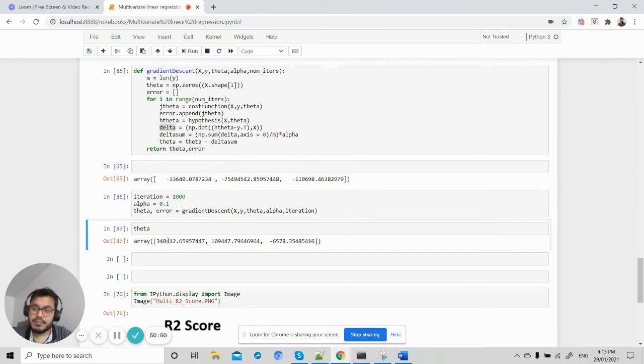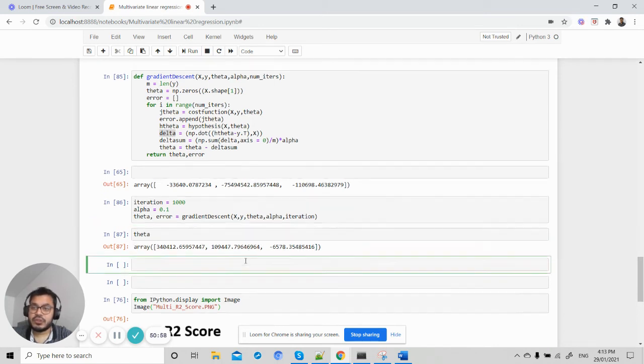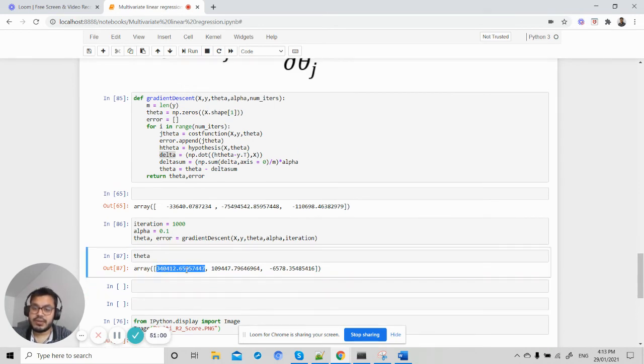So this is my minimal optimal value of theta, where the error is minimum and the value of theta is optimal. So this is my gradient descent equation for calculating theta. So my theta naught is this, theta 1 is this, theta 2 is this.